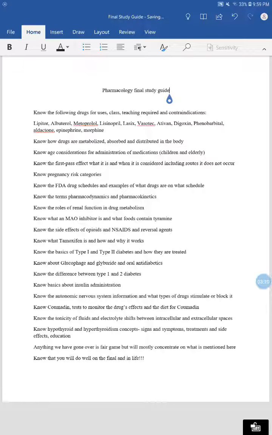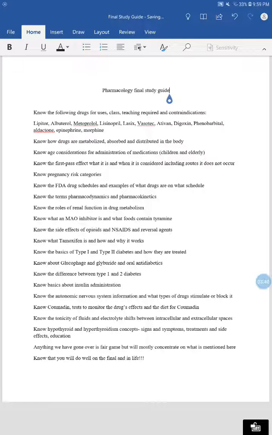Of course we've talked about NSAIDs the entire class. So know what the side effects are, GI side effects as well as cardiac, and what you would do to treat it. Opioids especially, definitely know the reversal agent and what it does.